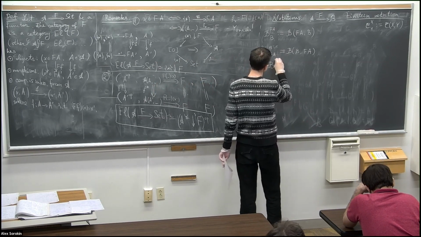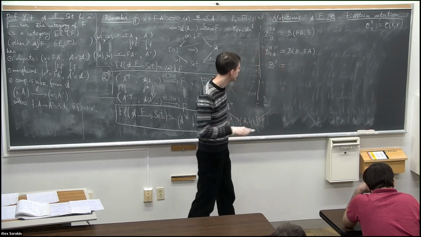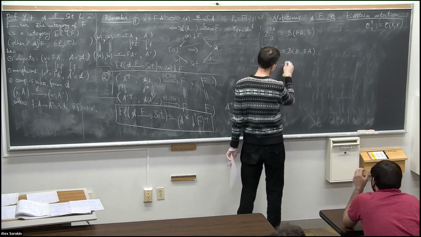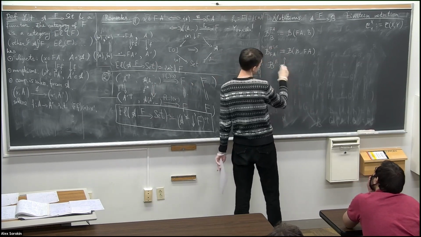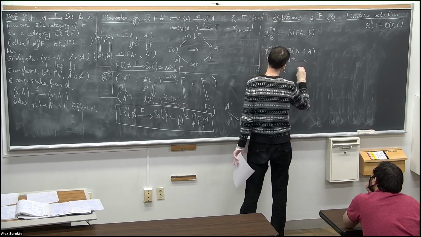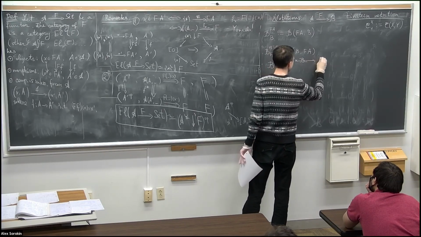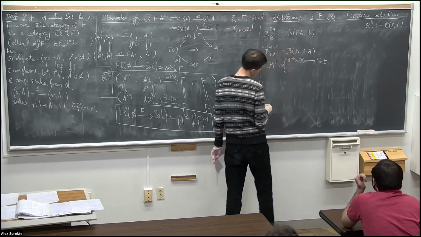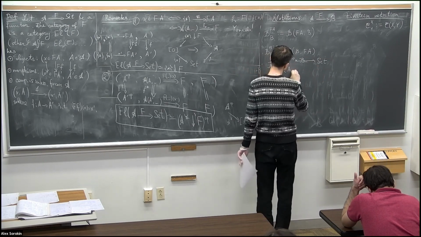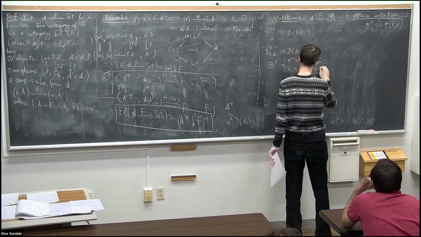Therefore, B super f is a functor, is assigned to be a functor from category A^op cross A to Set, where pair is B, B, FA.